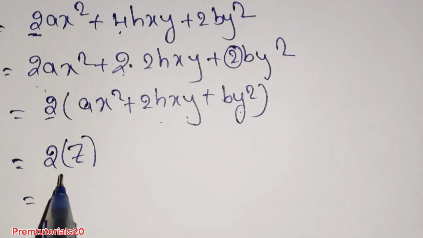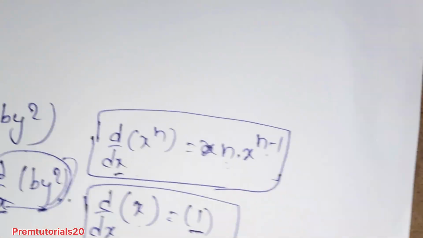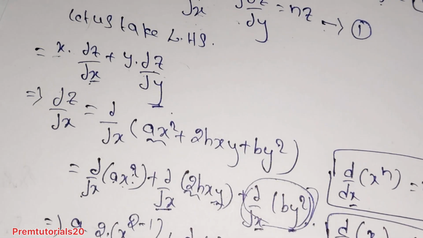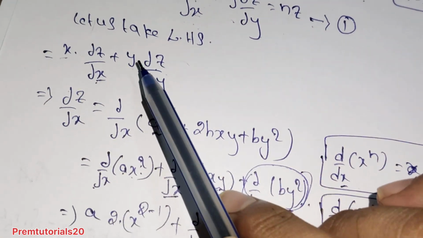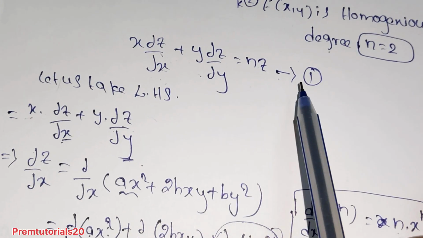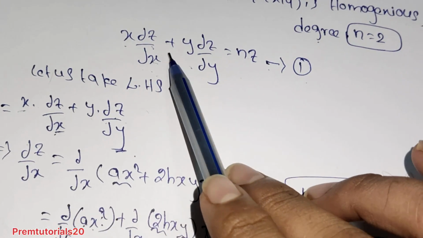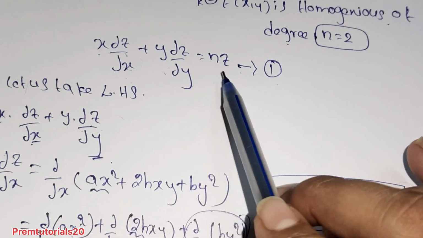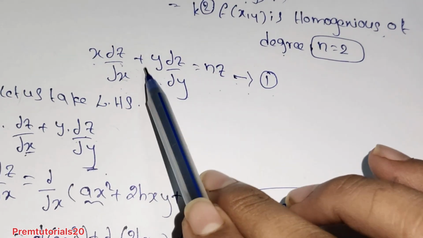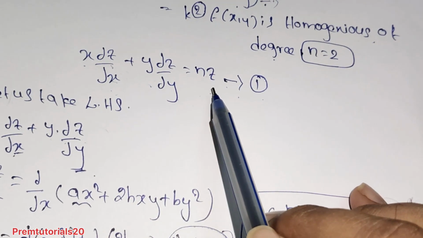So the LHS, x into dou z by dou x plus y into dou z by dou y, becomes nz, which is the right side equation.